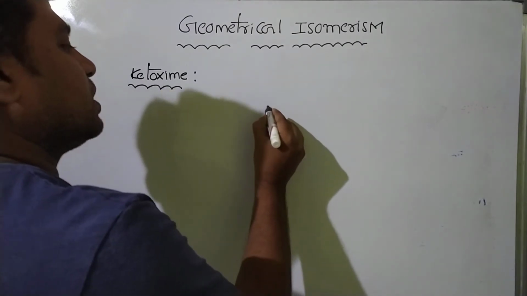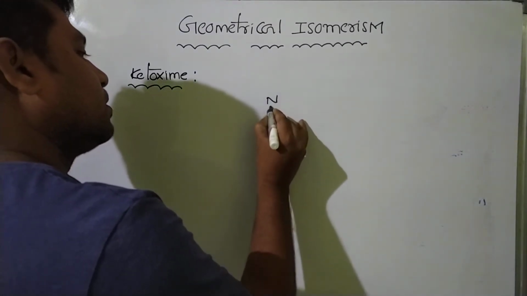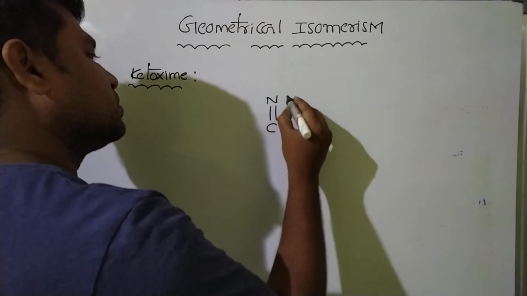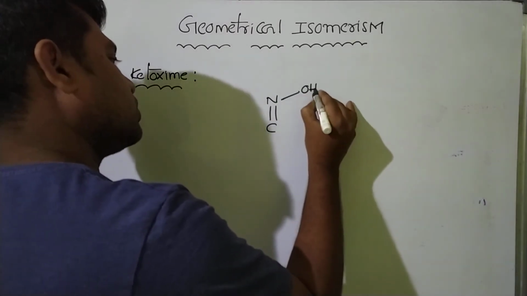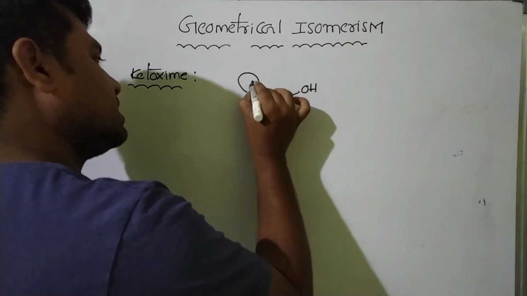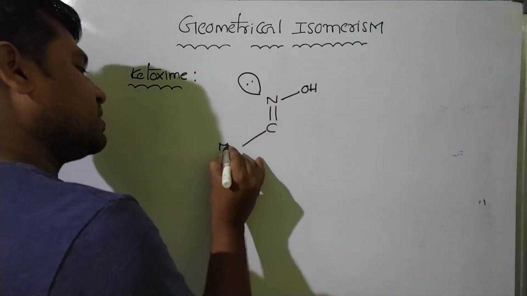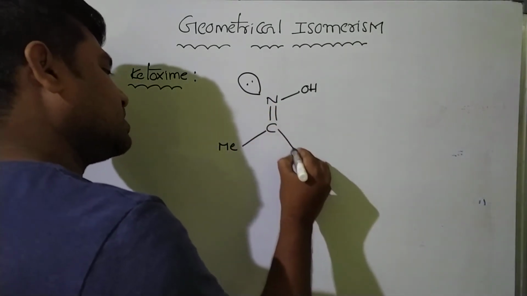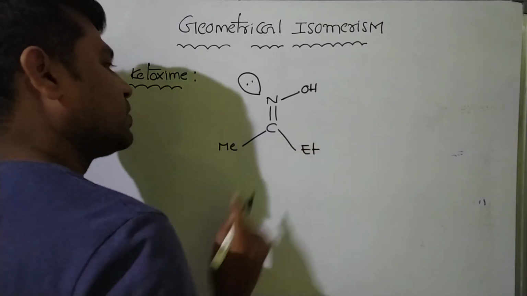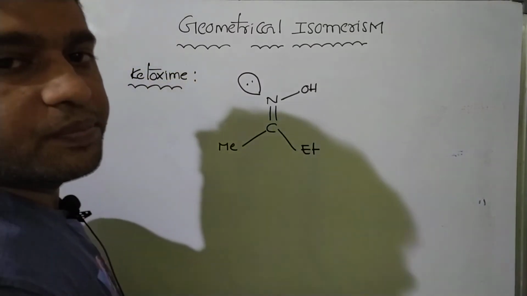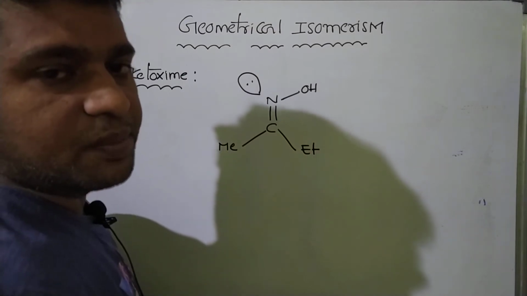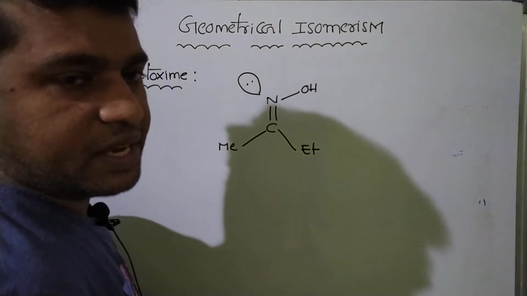Now I will give one more example for ketoximes. This is the OH group. This is the lone pair on this nitrogen atom. This is the methyl group, and this is the ethyl group. Now, dear students, please observe the board and listen to what I am saying.